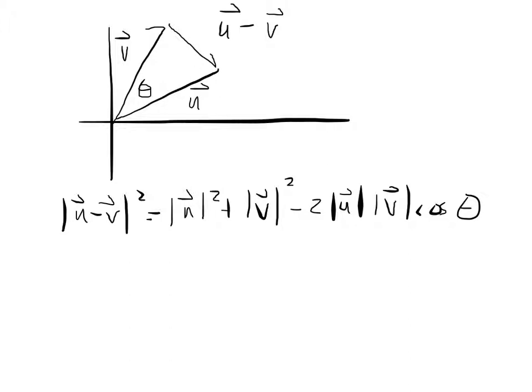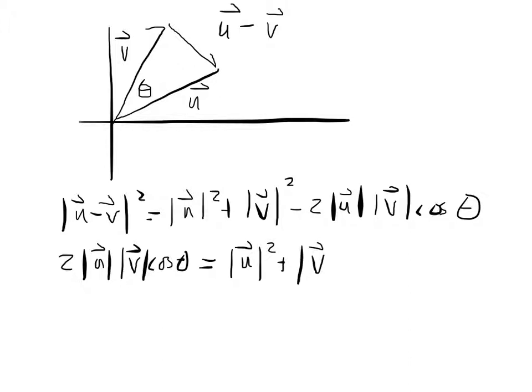Let's get cosine theta alone here. I'm going to move this mess all the way over to the other side and move this over to this side, so I get 2 magnitude of u, magnitude of v, cosine theta, equals magnitude of u squared plus magnitude of v squared minus magnitude of u minus v quantity squared.